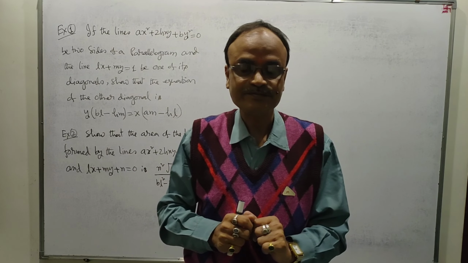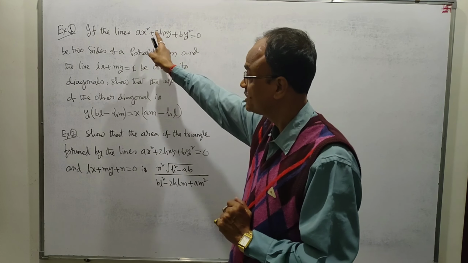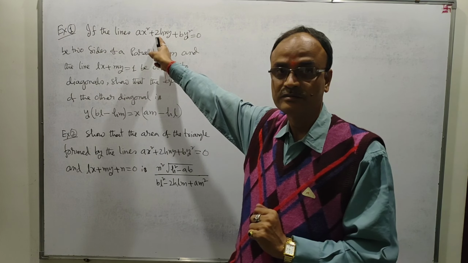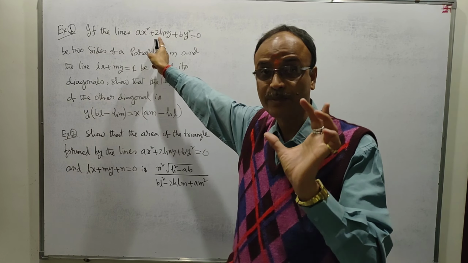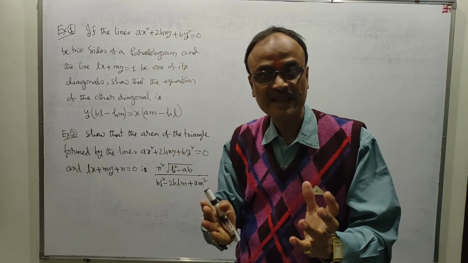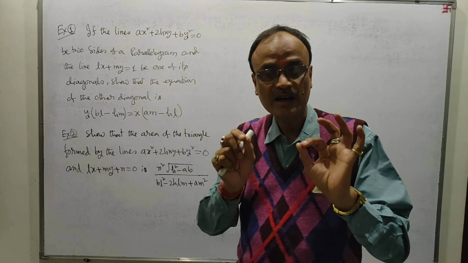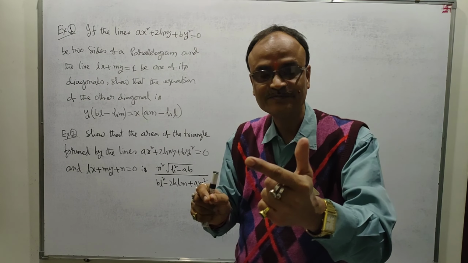What are you given? You are given that this equation represents a pair of straight lines passing through the origin. The two straight lines are of the type y equal to m1x.